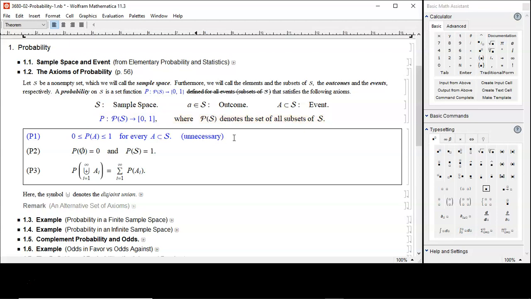Next. Now this can be a bit tricky, but it turns out that this part is also unnecessary. The probability of the empty event is 0. You don't really need that as an axiom. That too is unnecessary. So this red part is unnecessary. The blue part is also unnecessary.